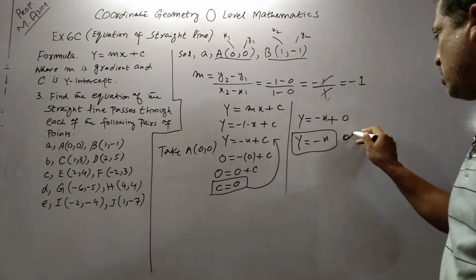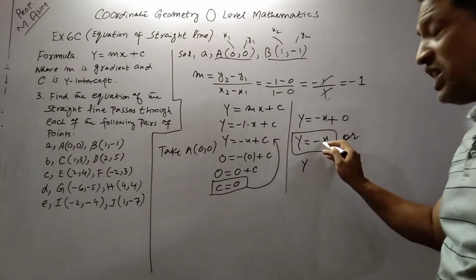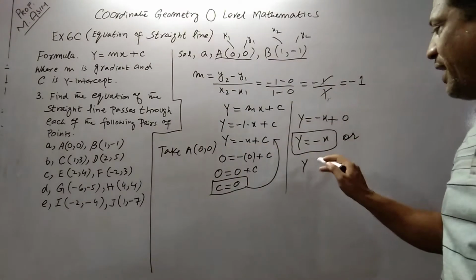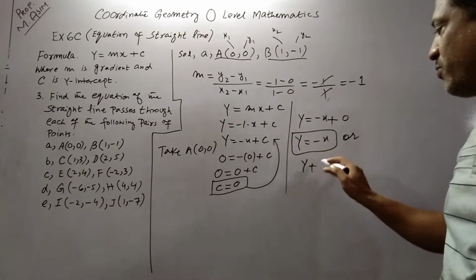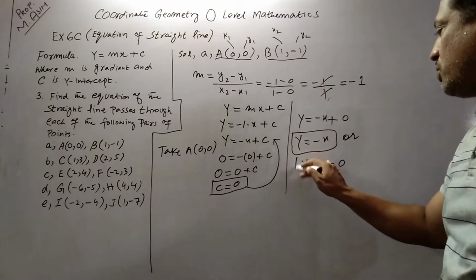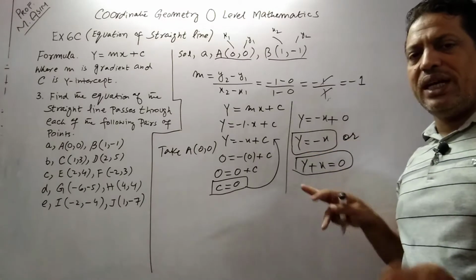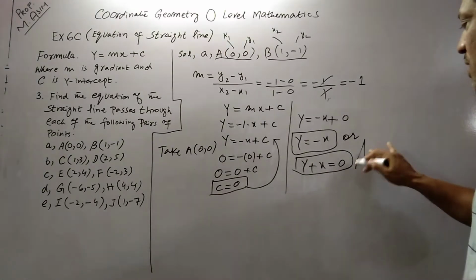Or another form of the answer is, if you move this minus x to the other side, it becomes plus x. What is remaining on the other side? 0. So this is another way to write the answer. This one or this one, both answers are acceptable. So this is our final answer.